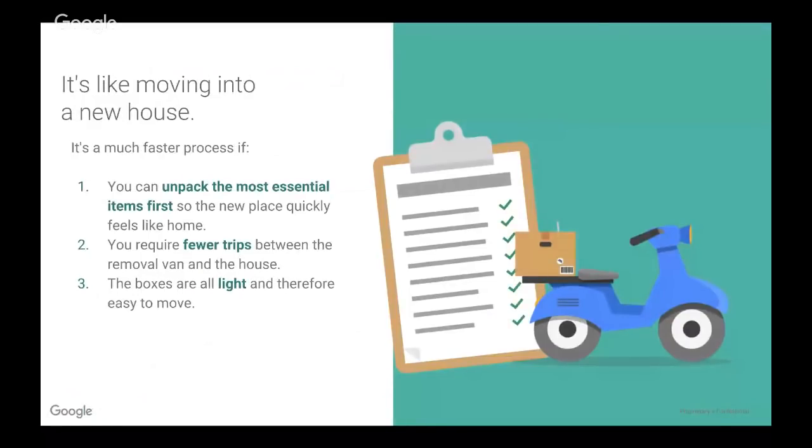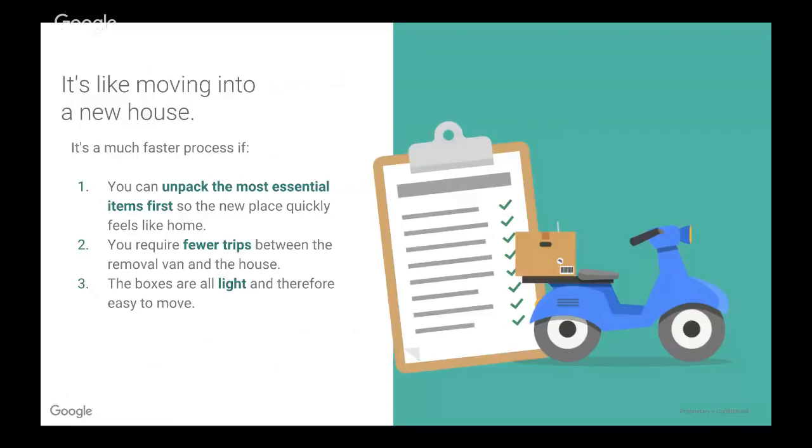Again, when we talk about mobile site optimization in general, it's kind of like moving into a new house. Just make sure that you pack things that are the most essential, and that will make sure that you require fewer trips. And what I'm really referring to over here is the resource requests.